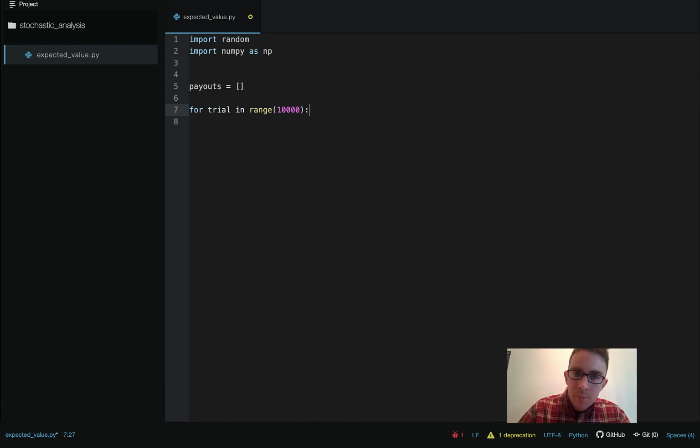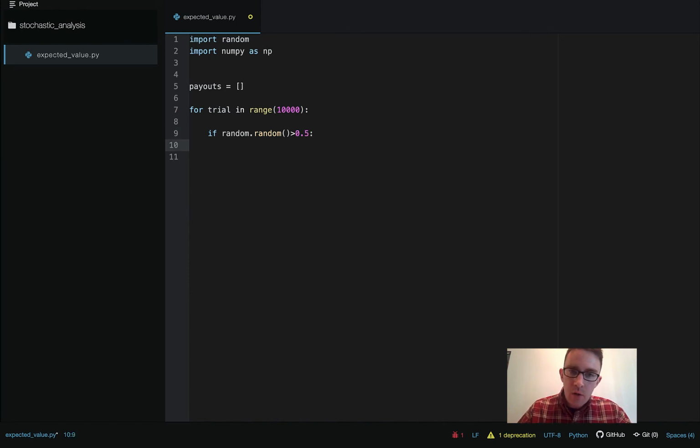Hopefully that'll be enough. For each of these trials, we're going to simulate this bet on the coin flip that we're talking about. So we're going to say if random.random() is greater than 0.5.